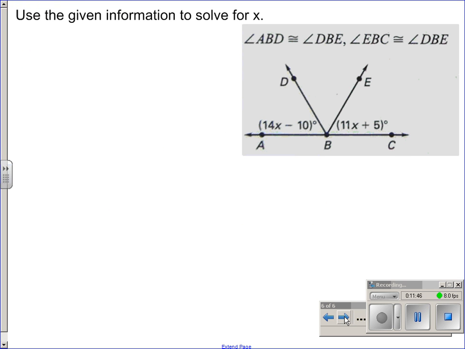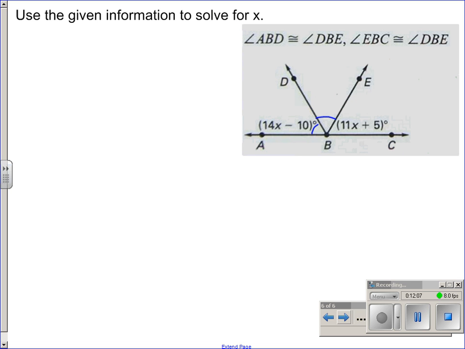All right. For this example, it's not a two-column proof, but we're using the same logic. You start with the given information. We're trying to solve for x. So you start with the given information, and you go to the picture. You're given angle ABD, this one, is congruent to angle DBE, this one.